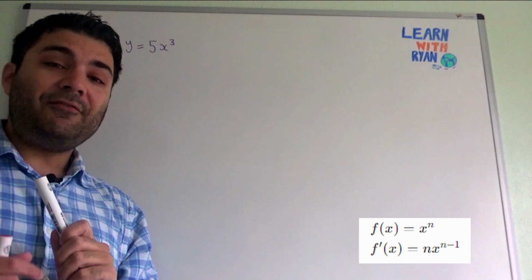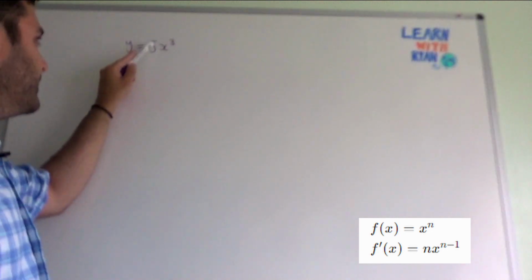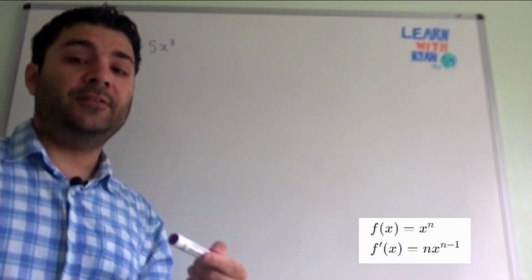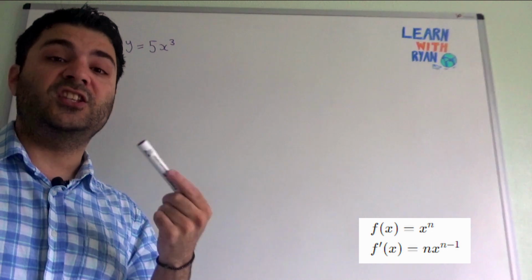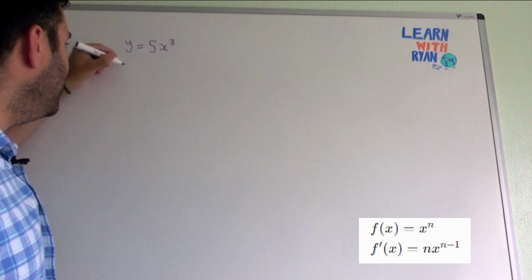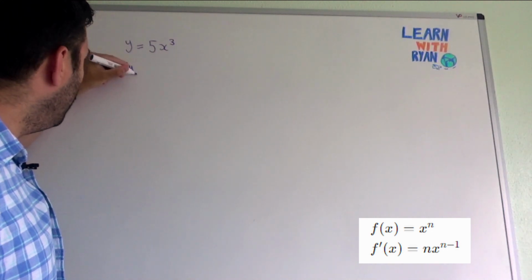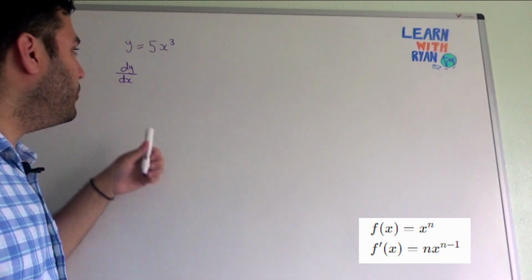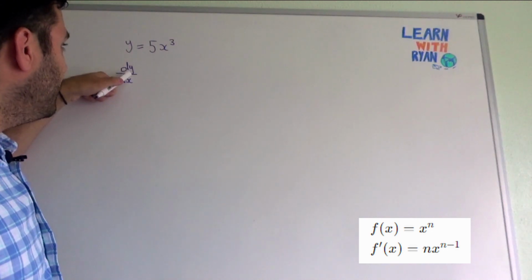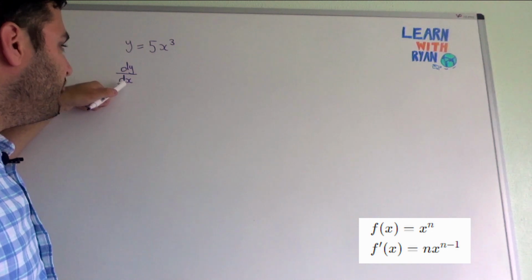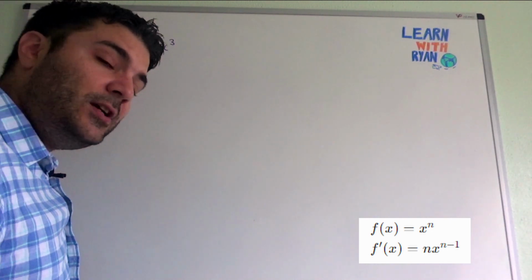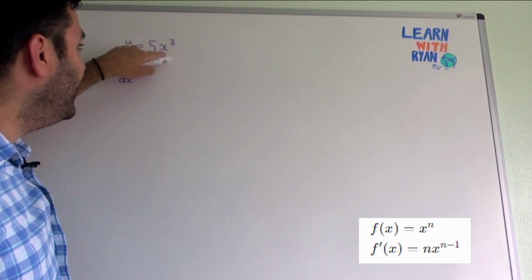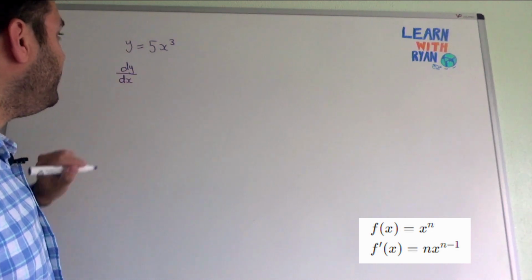Okay, so whenever we've got y as the subject here instead of f of x, the notation we use for the derivative is dy over dx. So what this means is that we're differentiating our y with respect to x, which makes sense because the variable here is x, isn't it?